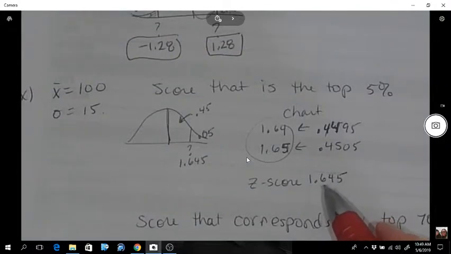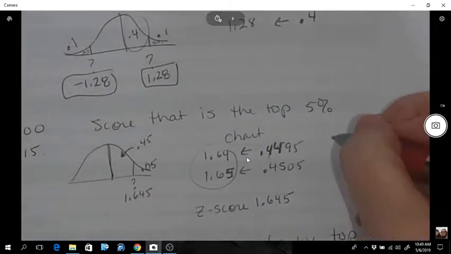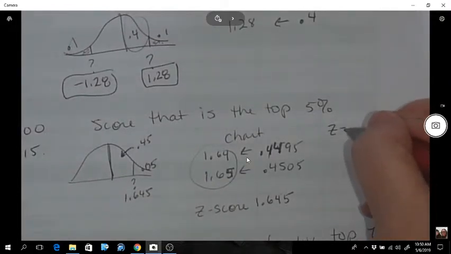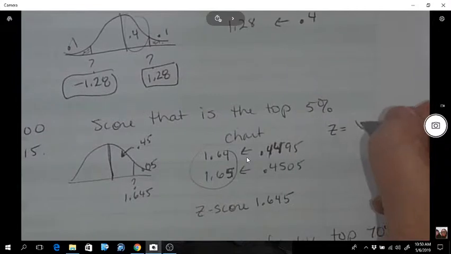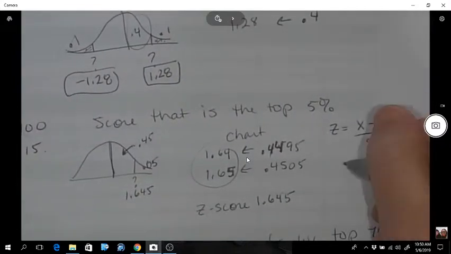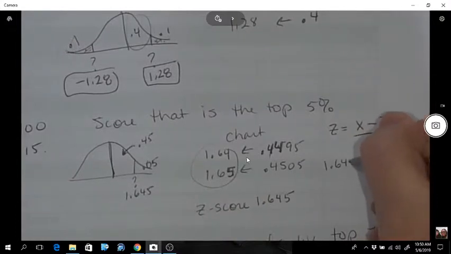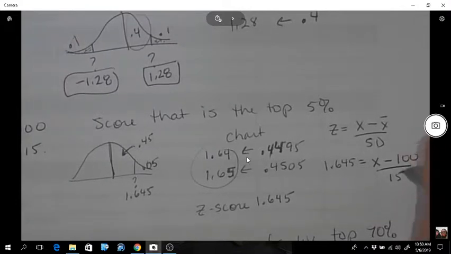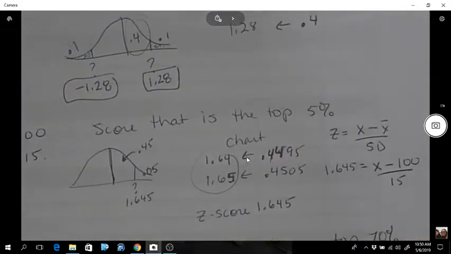Okay, but that would be if my curve was normal, and I'm not on a normal curve. So we're going to have to use the z-score formula. So it equals your score minus the mean over the standard deviation. So 1.645 equals the score, we don't know, minus mean over standard deviation. Okay, so some algebra.